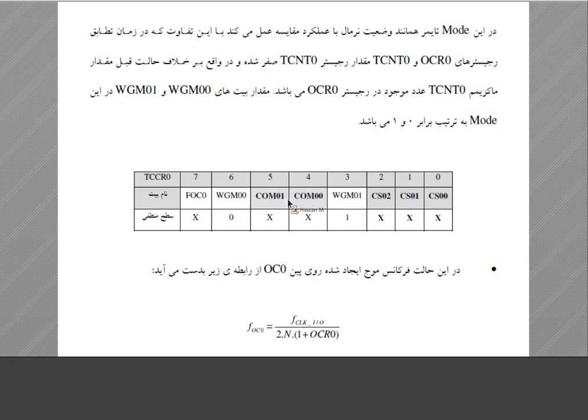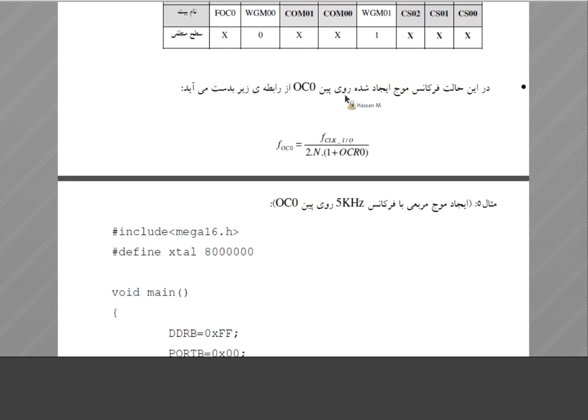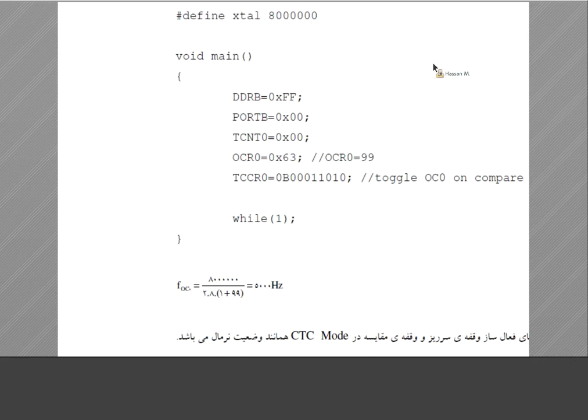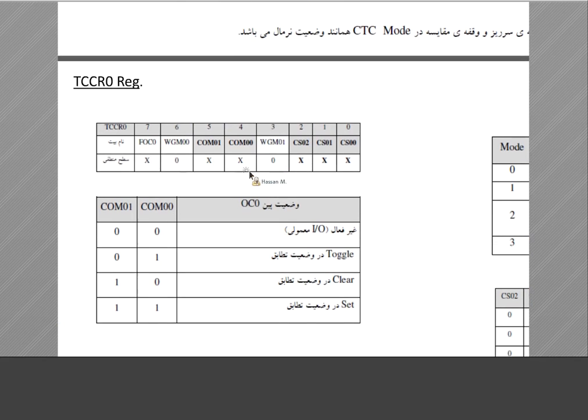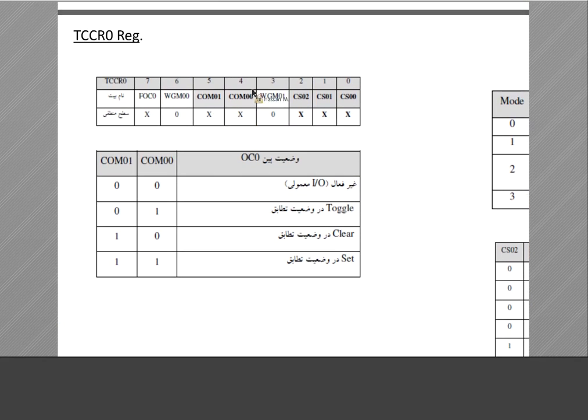These 2 bits are the compare match output pin mode. For each timer, for example timer 0, we have an external output pin named OC.